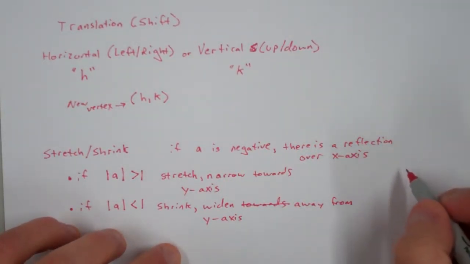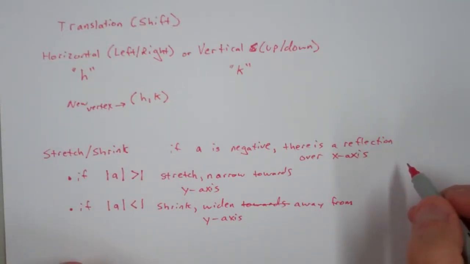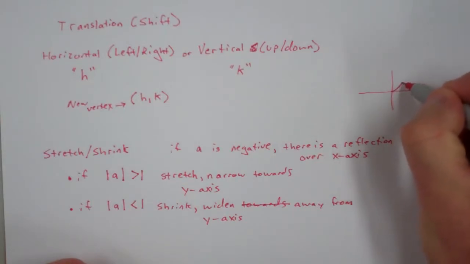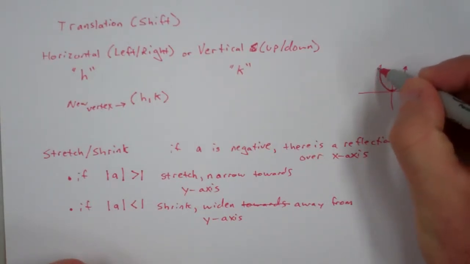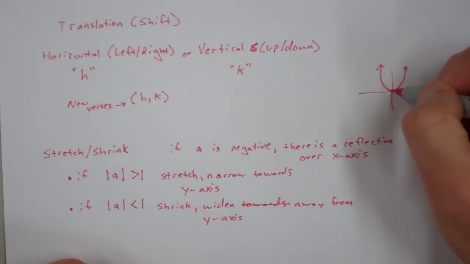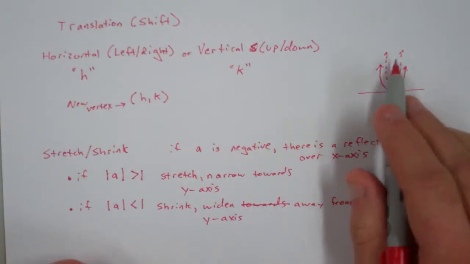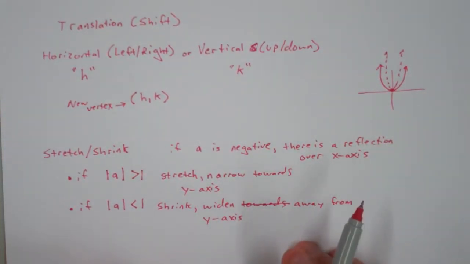That would look kind of like this. This function is going to be a little bit more narrow. That's what the 2 does here. It kind of narrows it with respect to the y-axis.